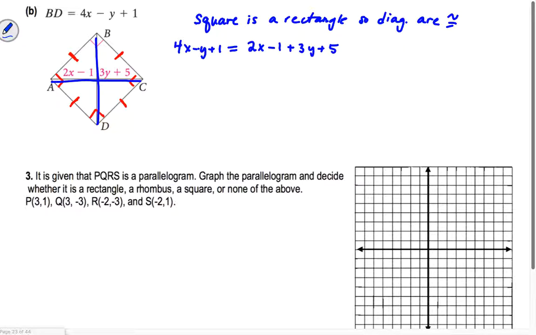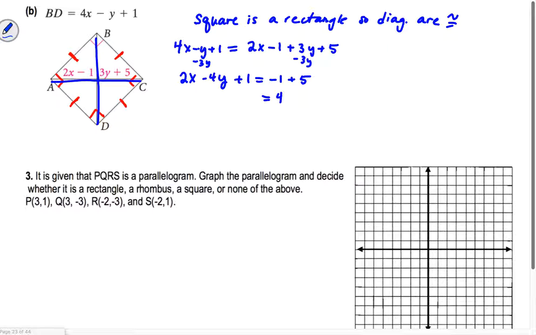Okay, so we definitely know this. So let's try to simplify. Let's get all our x's on one side. So we have 2x when I subtract the 2x over. I'm going to subtract my 3y over. So I have minus 4y. Let's write what I have right now. So I have plus 1 equals negative 1 plus 5. So over on the right side I have 4.